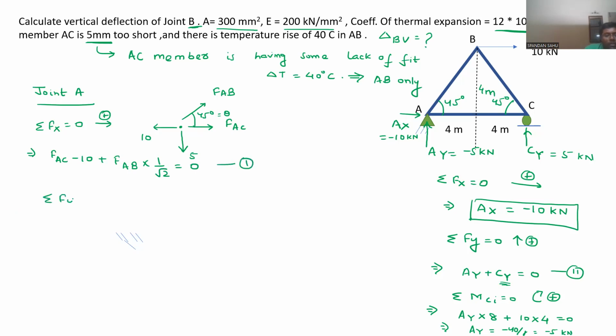When we do summation of Fy equal to 0 in the vertical direction, let it be positive. So FAB sin 45 degree, which is also 1 by root 2, minus 5 will be equal to 0. This implies FAB will be equal to 5 root 2 kilonewton.